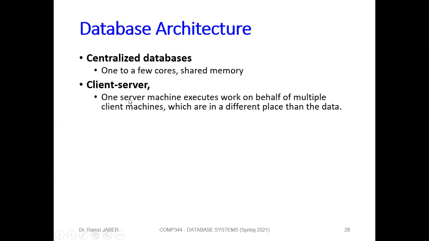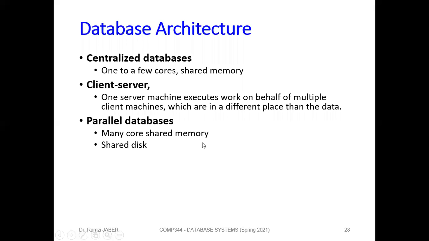So in client-server we have multiple client computers and one machine. A centralized database means you have your program and the database on the same computer. Also, we have the parallel database: many cores with shared memory, and many servers sharing a disk.